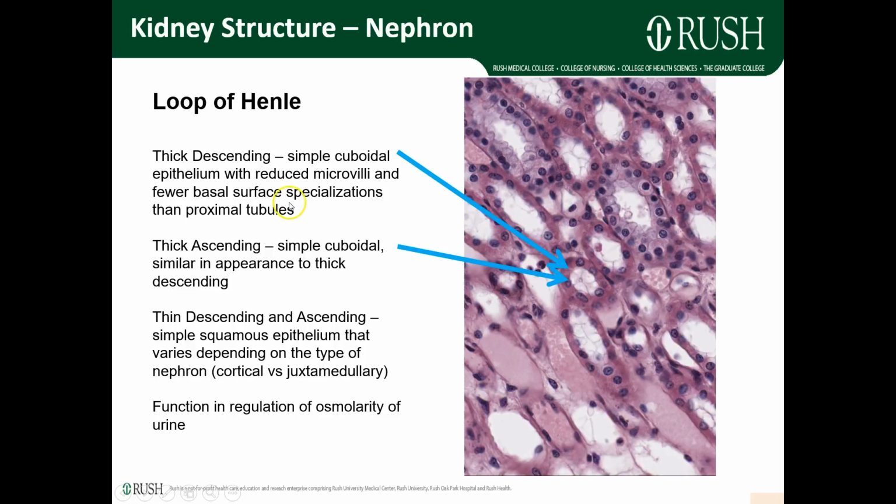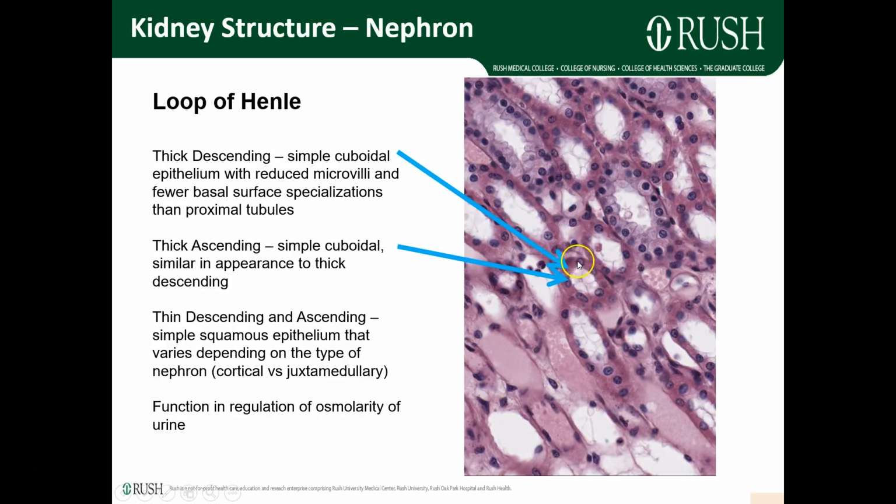So the thick descending part of the loop is a simple cuboidal epithelium which has reduced microvilli and fewer basal surface specializations than the proximal convoluted tubule. Similarly, the thick ascending is simple cuboidal, similar in appearance to the thick descending portion.